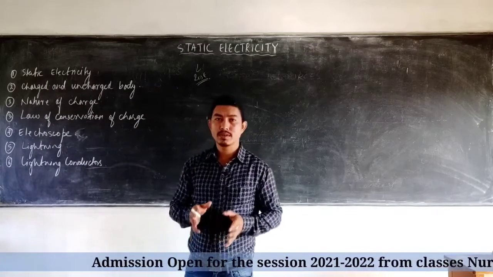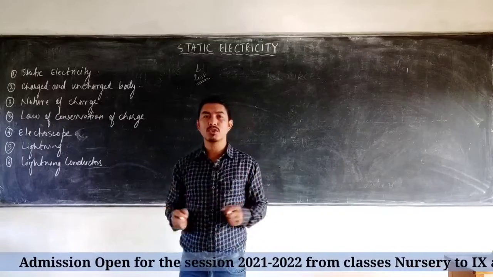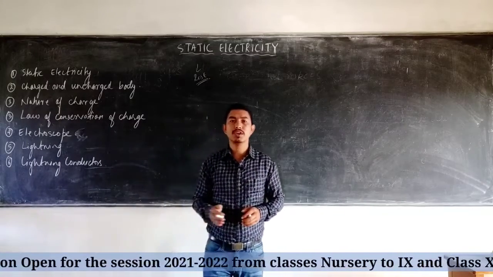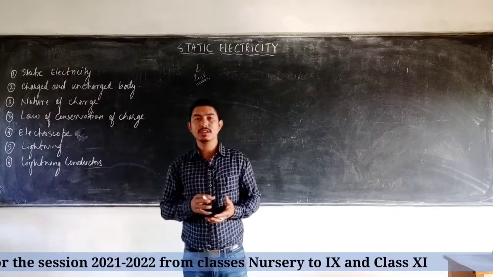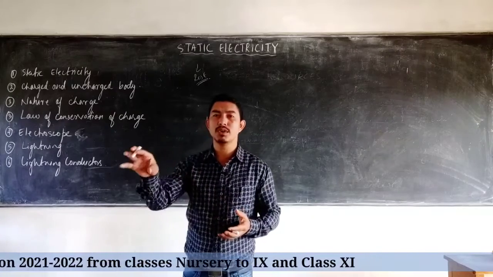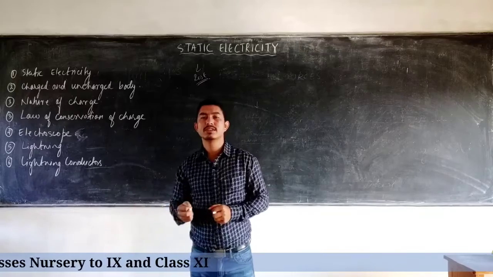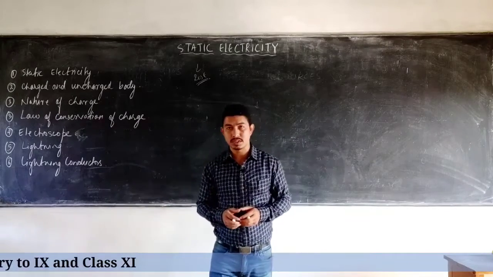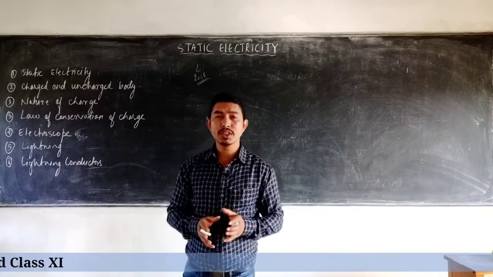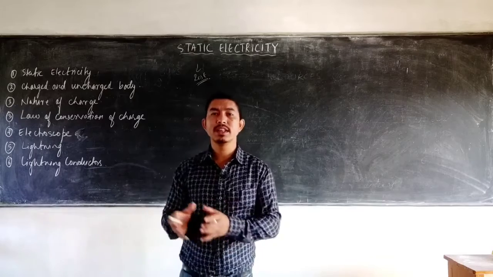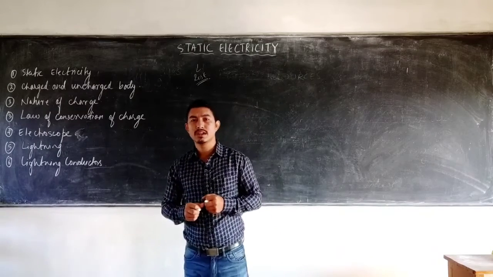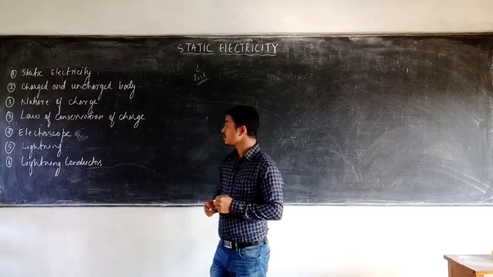We also know that some of the electrons in the outermost orbit of an atom are free to move. When these electrons move from one place to another and get accumulated over a place, that is termed static electricity. That means when the charges are at rest, that electricity is known as static electricity.